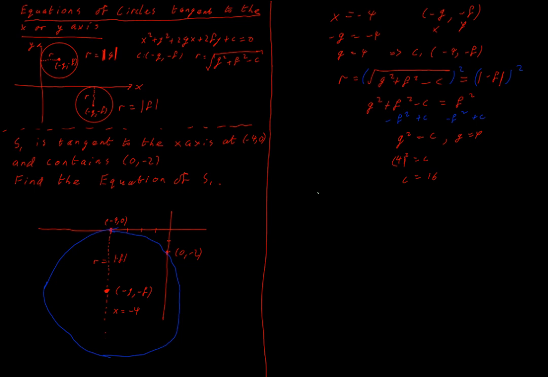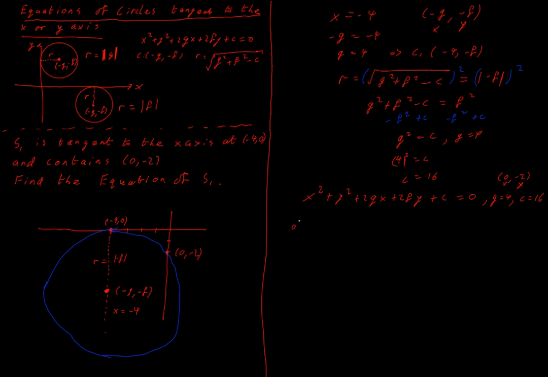So let's try that. X squared plus y squared plus 2gx plus 2fy plus c is equal to 0. I know that g is equal to 4, and I know that c is equal to 16, and I know that the point 0, minus 2 solves the equation, so I can sub that in for x and y.